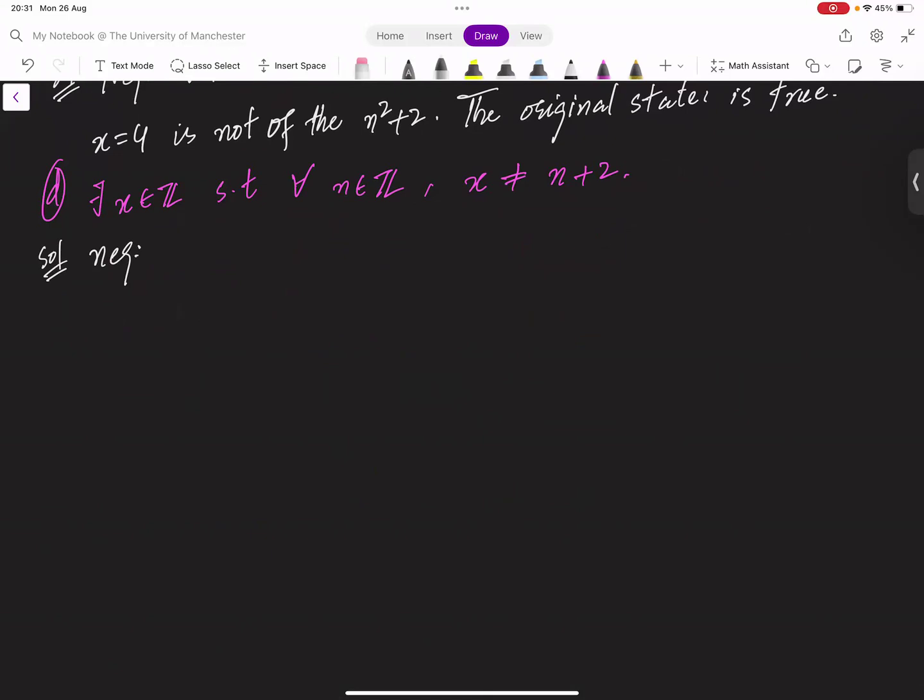To negate this, for all x in Z there exists n in Z such that x is equal to n plus 2, and the negation is true this time. So the statement is false.